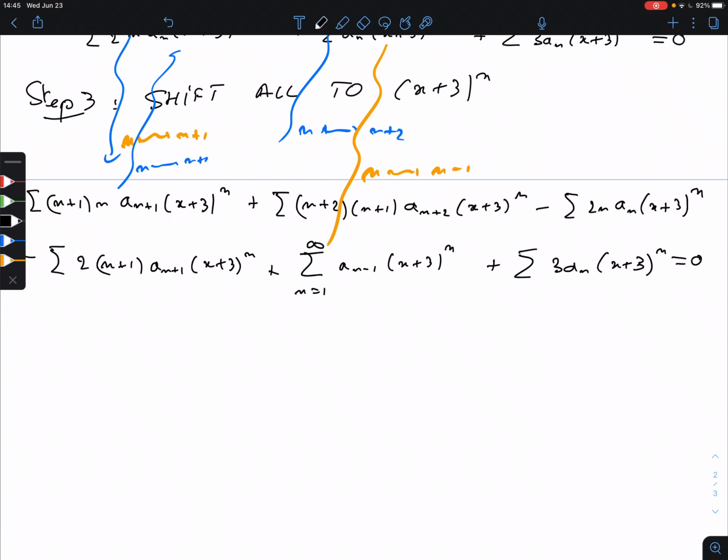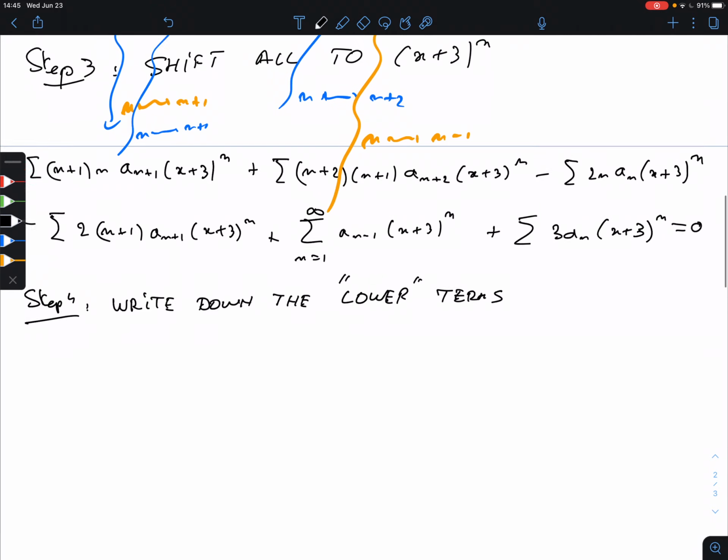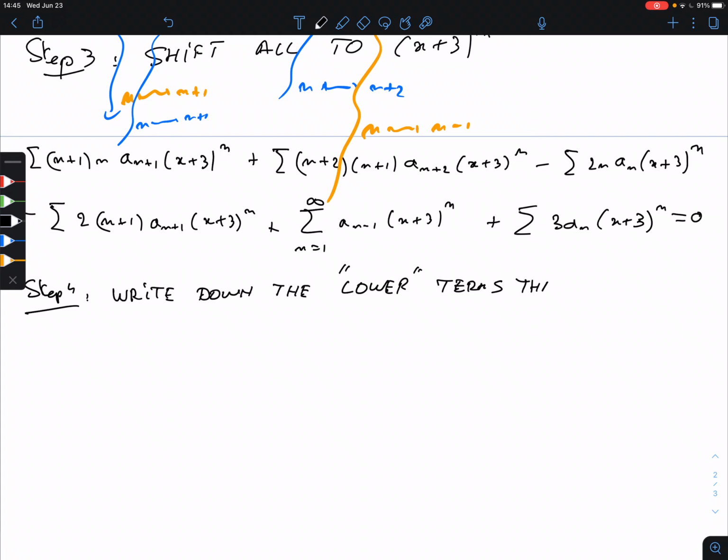Step 4, let me call it step 4 already. Write down the lower terms. What I mean here is the ones that are not in every summation.